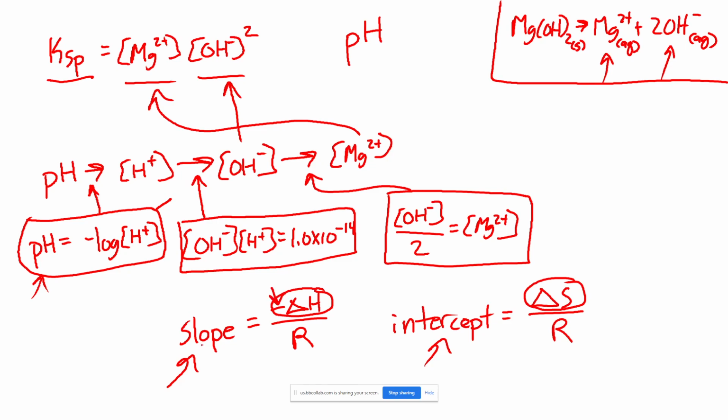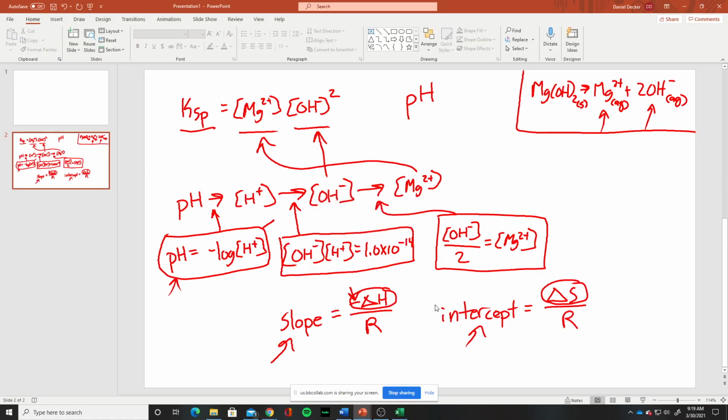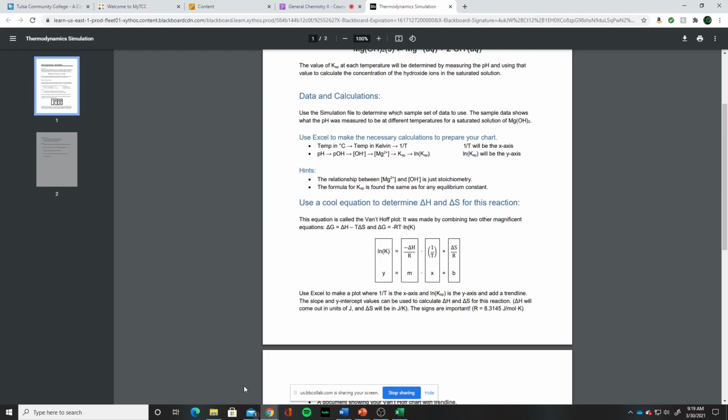So if the slope of your graph is negative, then those two negatives would cancel out and you'd end up with a positive delta H. Okay. And again, that's something we've done before too. When we did the Arrhenius equation stuff, you're pulling things out of the graph and solving for a part of the equation. So this is all stuff we've done before.